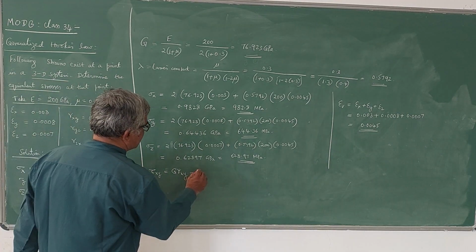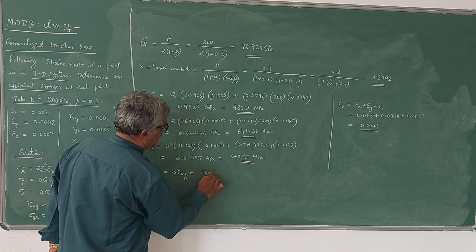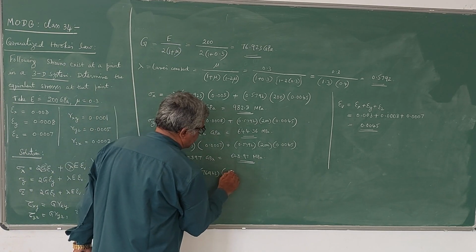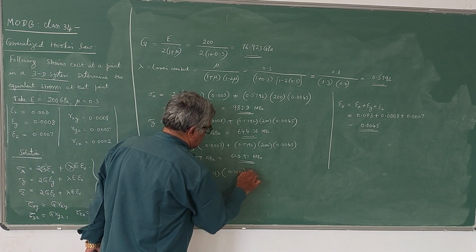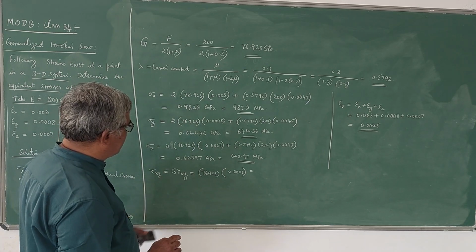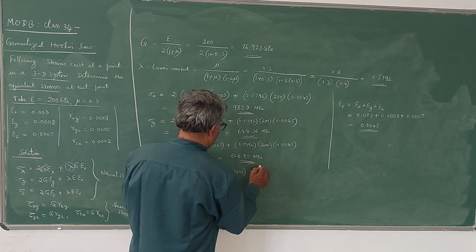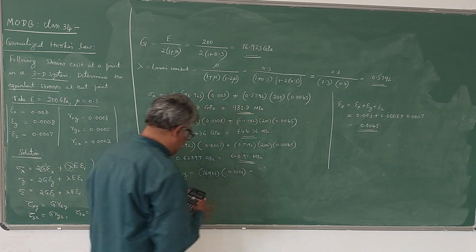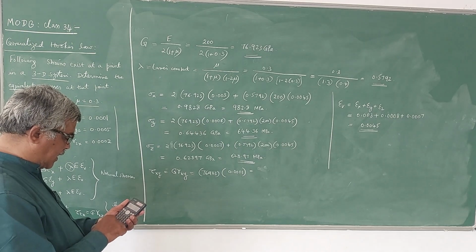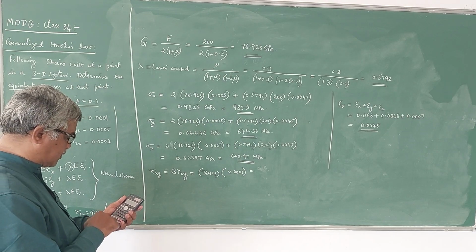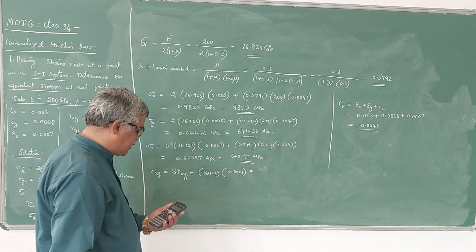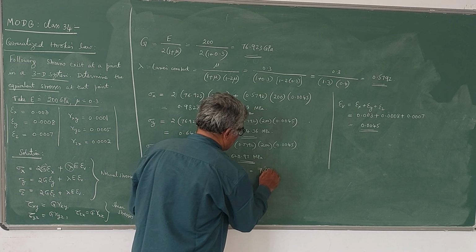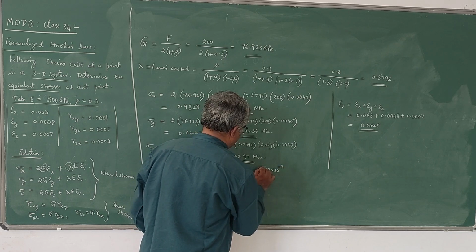So G is 76.923 into gamma xy, which is given as 0.0001. So 76.923 into 0.0001 will be 7.69 into 10 power minus 3 GPa.